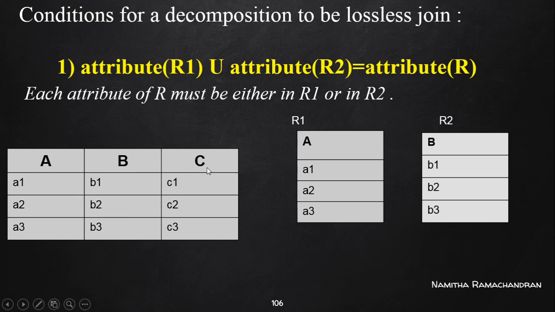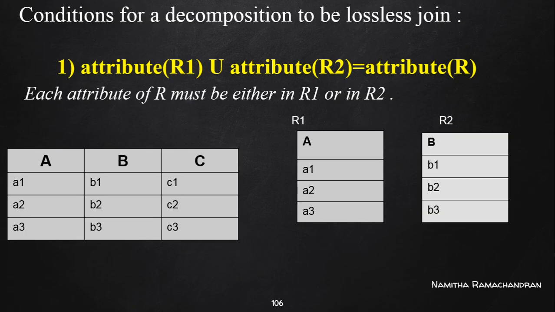This means C of our parent relation R is missing in this decomposition, so this condition is violated. We can directly conclude that this decomposition into R1 and R2 is not a lossless join decomposition. This is the first condition that we want to satisfy: each of the attributes of R must be present in R1 or R2 after decomposition.